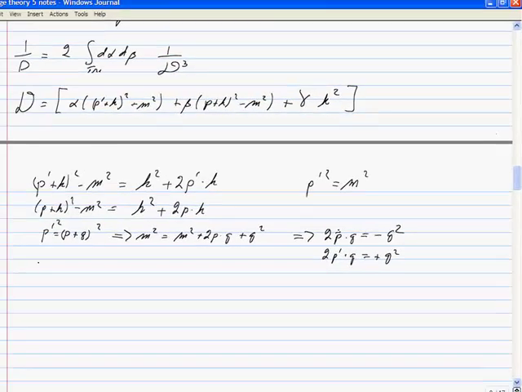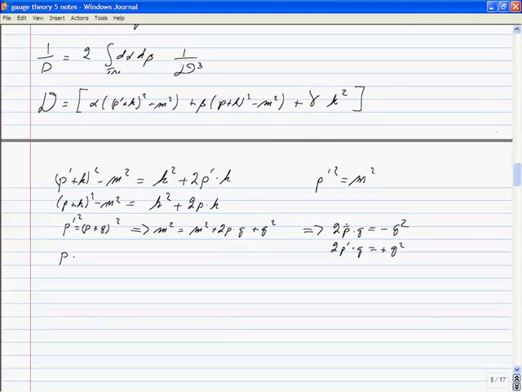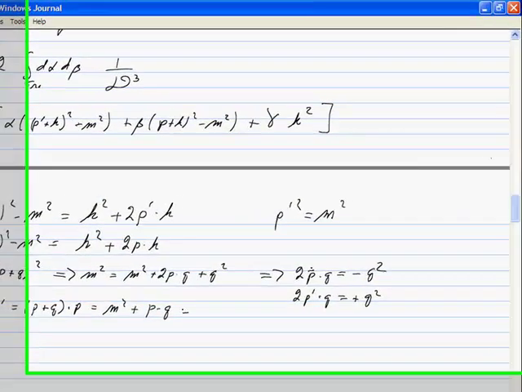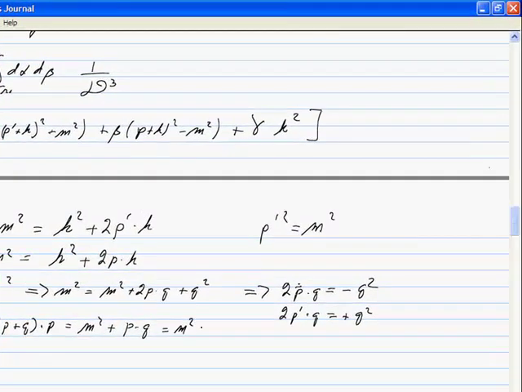But then the piece that I need to use is P dot P prime, which is (P plus q) dotted into P, which is m squared plus P dot q, m squared minus q squared over 2, which we're going to end up dropping.